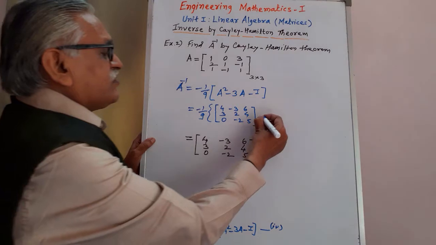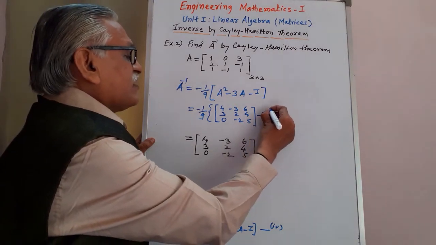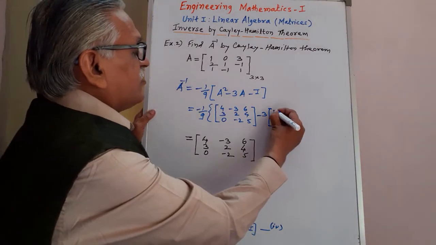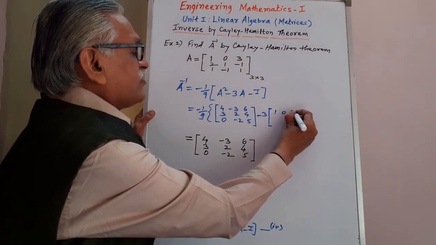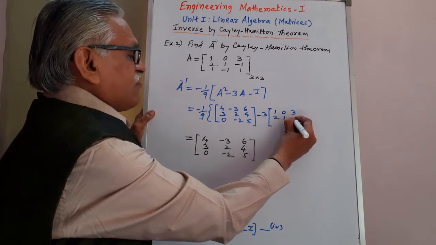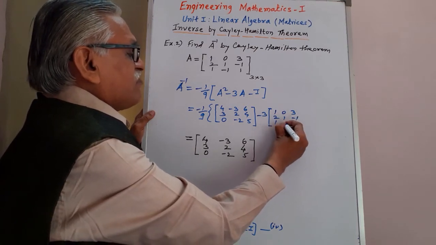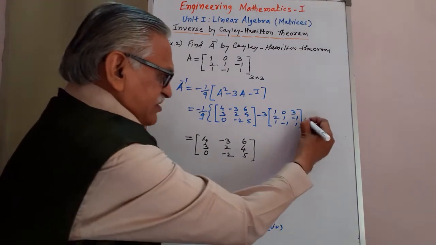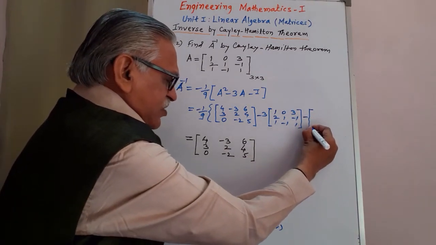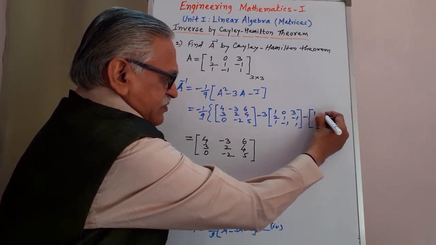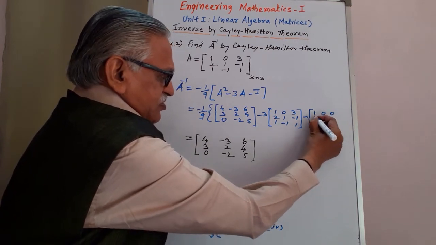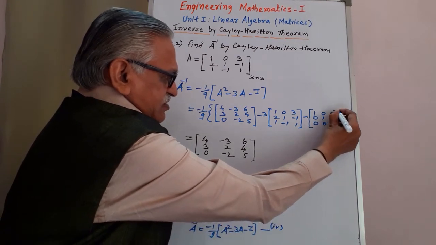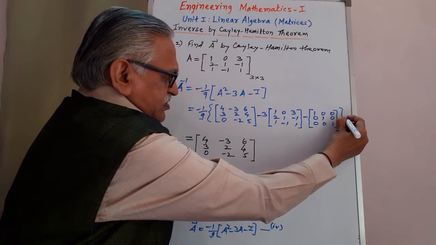Then minus 3 times A, where matrix A has elements 1, 0, 3, 2, 1, minus 1, 1, minus 1, 1, and minus the identity matrix of the same order, which is 1, 0, 0, 0, 1, 0, 0, 0, 1, the identity matrix of order 3.